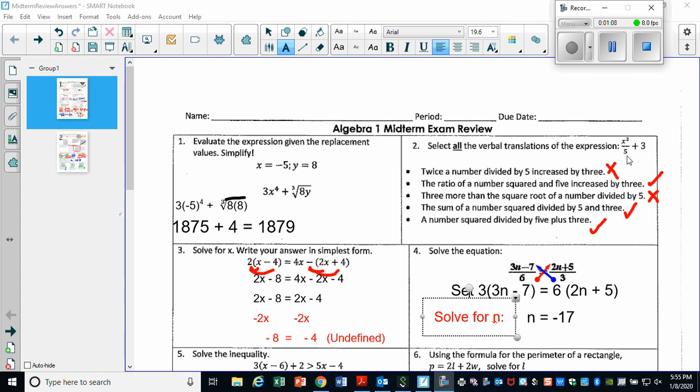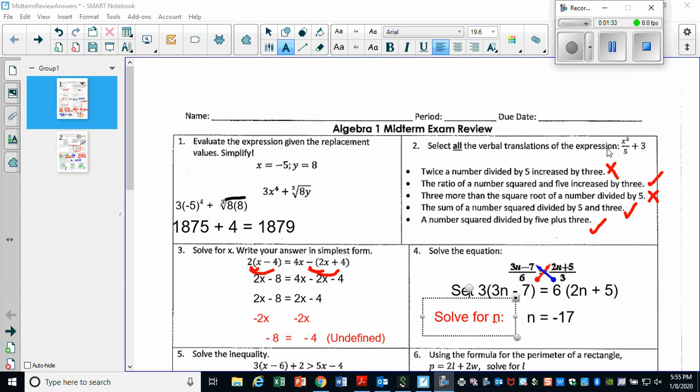Number 4 works because you're taking the sum of a number squared, which is x squared divided by 5, and 3. And number 5 works because a number squared divided by 5, which is the first term of the expression, plus 3. So your choices were choice 2, 4, and 5.